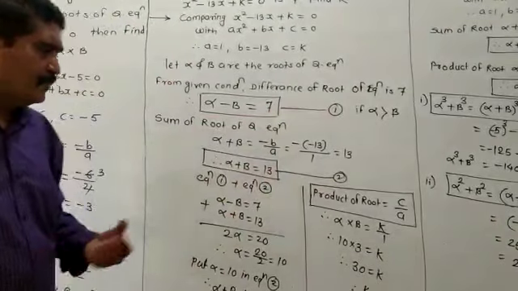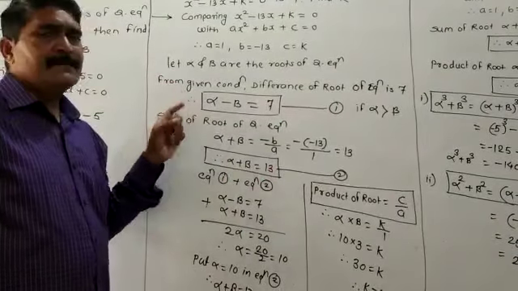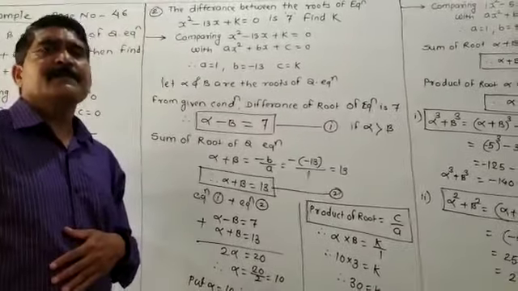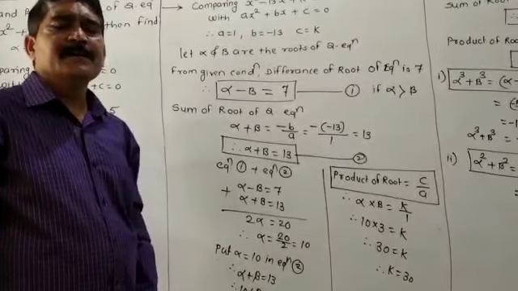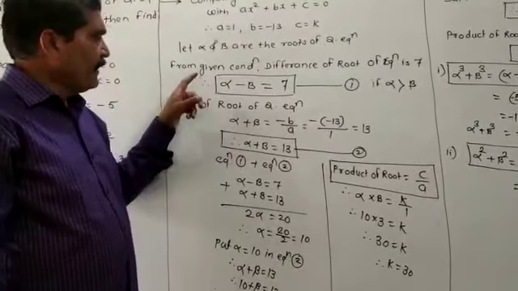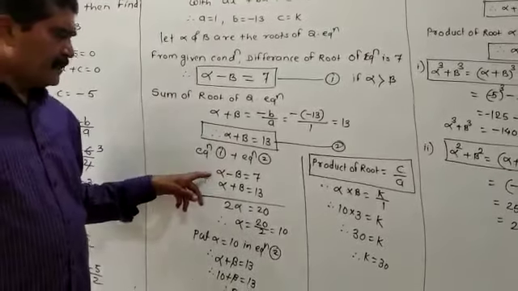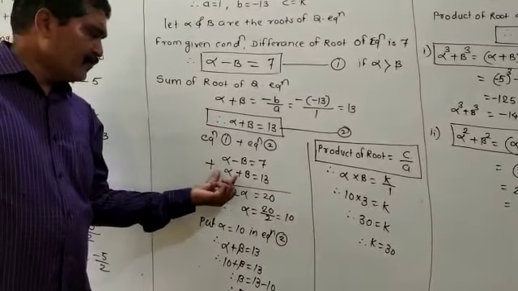If you want to find out alpha and beta, at that time by the linear equation in two variables, by the method of elimination or substitution, you have to find out the value of alpha and beta. I will find this value of alpha and beta by the elimination method. So I will add equation 1 and equation 2 together.